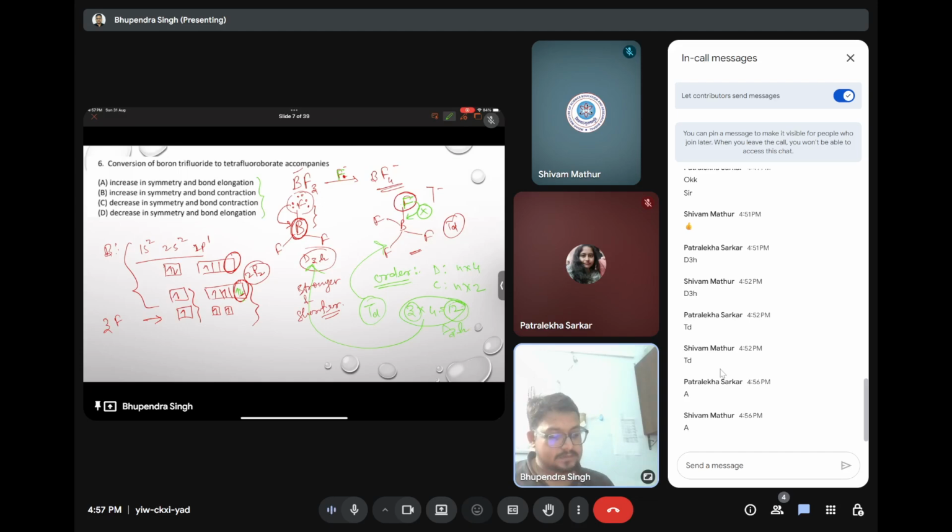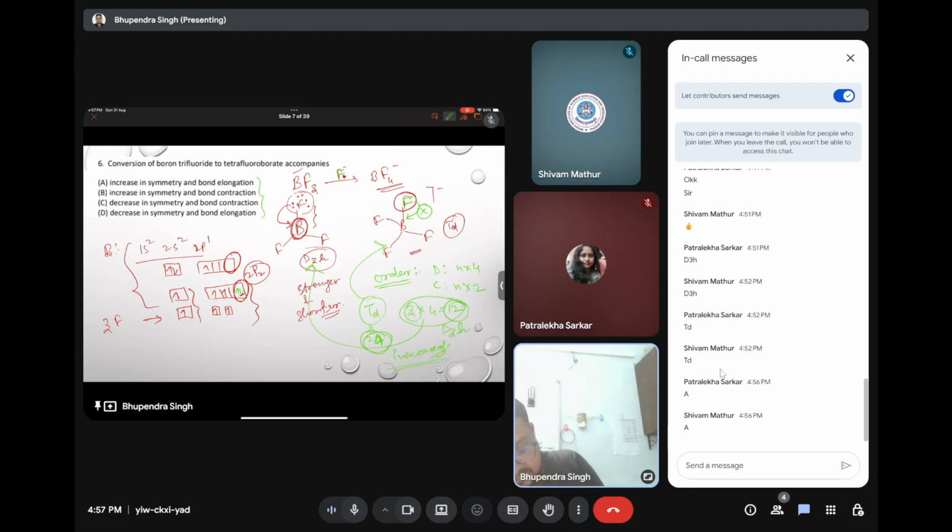And tetrahedral is a higher order symmetry having order 24. So the order is increased, which means symmetry is increased.